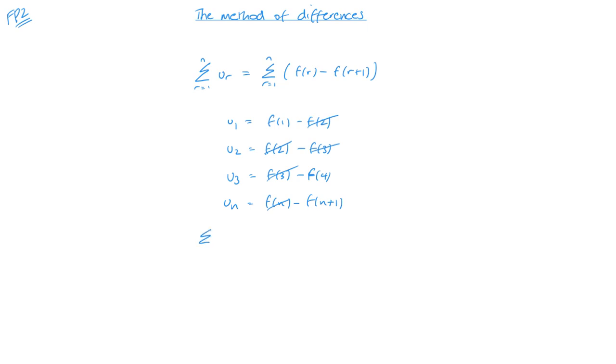So it leaves me that the sum of this is simply f of 1 minus f of n plus 1, because all the terms in between this one and this one have cancelled. It's just leaving me with these two.